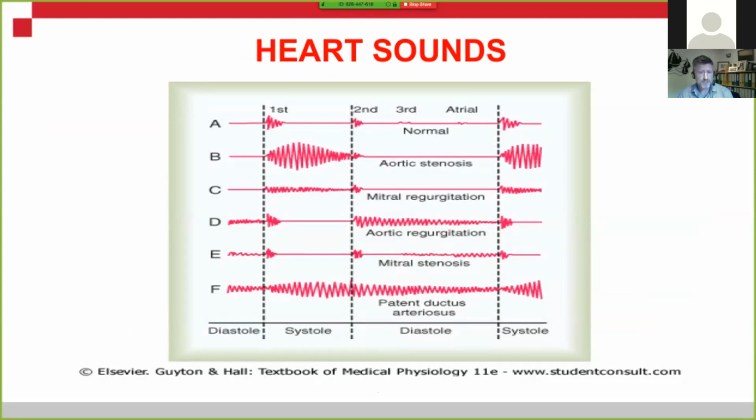Mitral regurgitation, again, there's a lot of it about, tends to be slightly more pronounced in the early part of systole. Aortic regurgitation, looking at diastolic murmurs, is usually in the early part of diastole, as with mitral stenosis, which tends to be in the latter part of diastole.